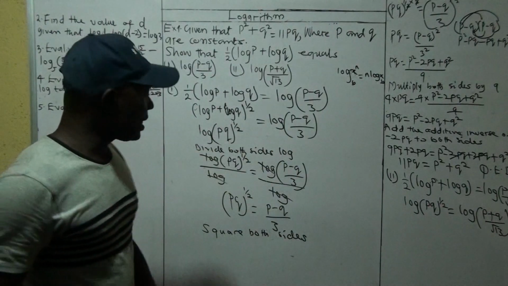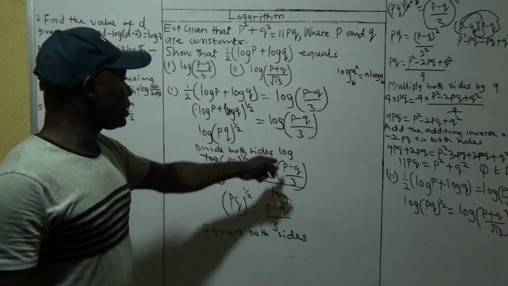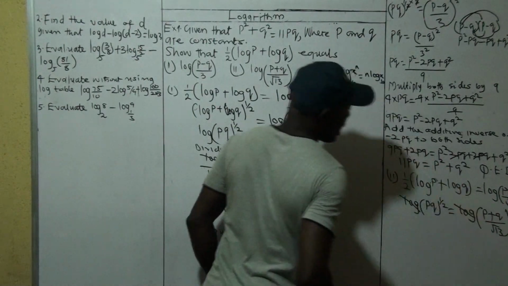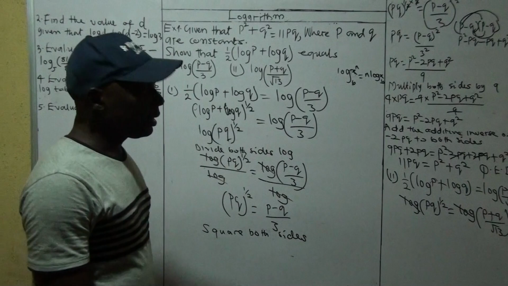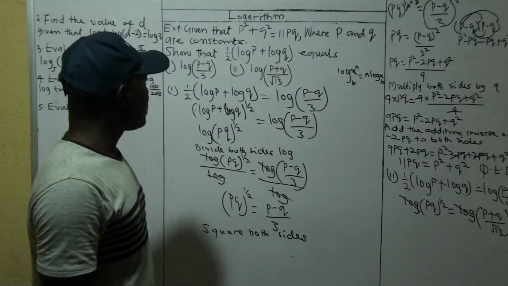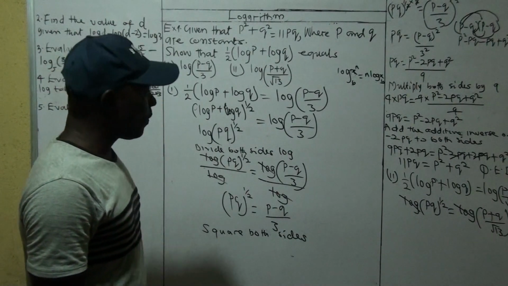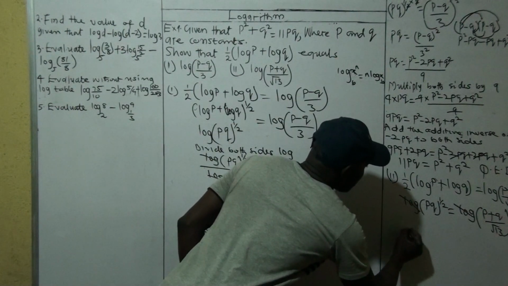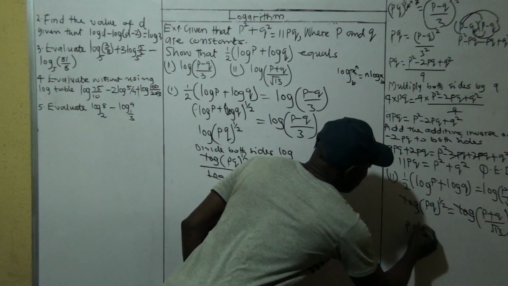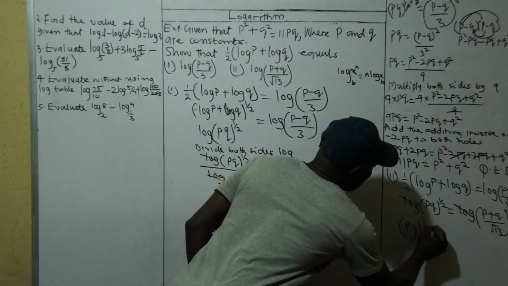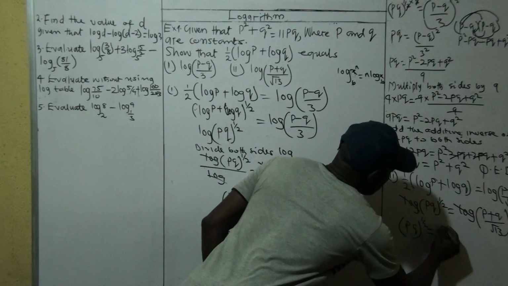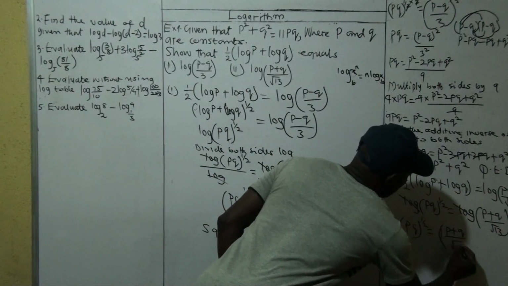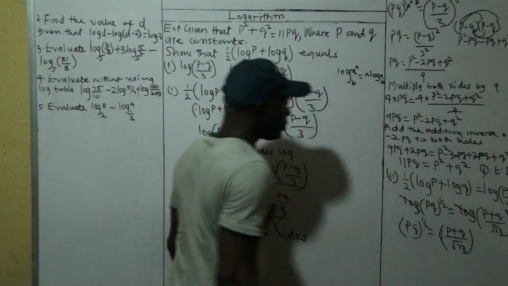So quickly, like I said here, you divide both sides by log, and that means you equate, and we are left with this. Is that understood? All right. If we have done this, our equation becomes (pq) all raised to the power half is equal to (p plus q) all over the square root of 13.